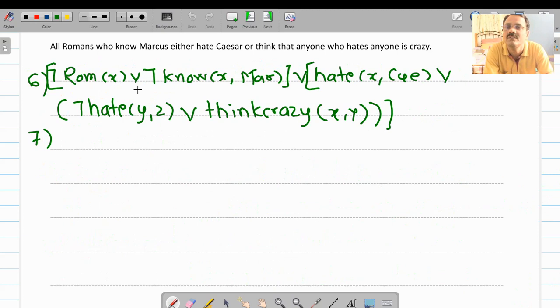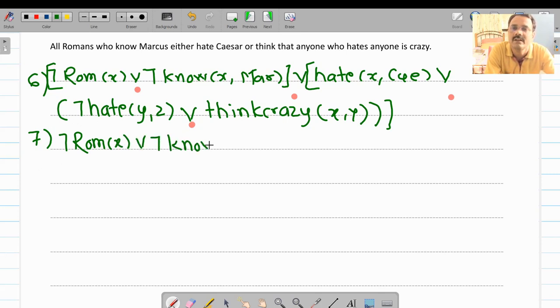So if you observe this formula, all connectives are OR connectives. So you need not apply this step 7, but what we will do, we will simplify it, because all connectives are OR. So same formula you can write in this way. You have to remove those brackets: not Roman x, as it is, we are writing removing brackets so that it will look simplified.